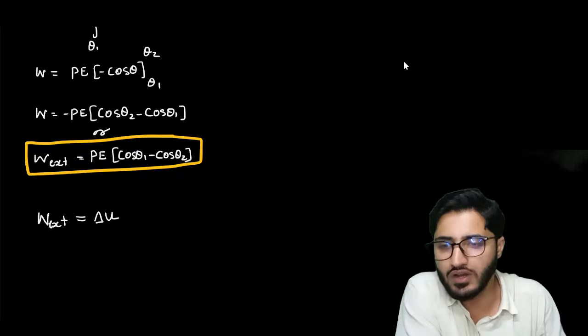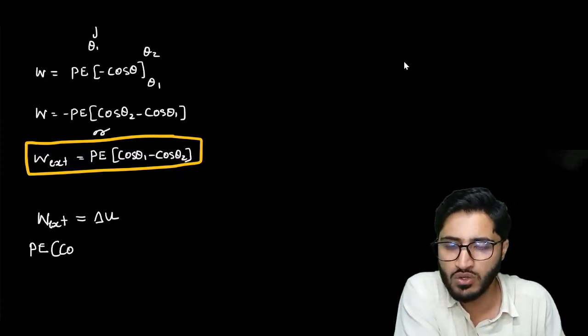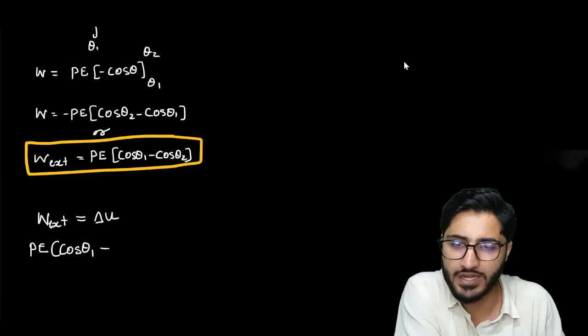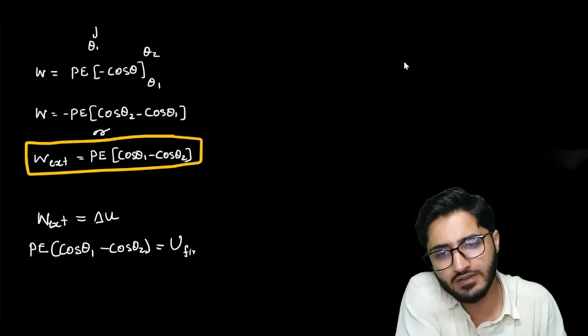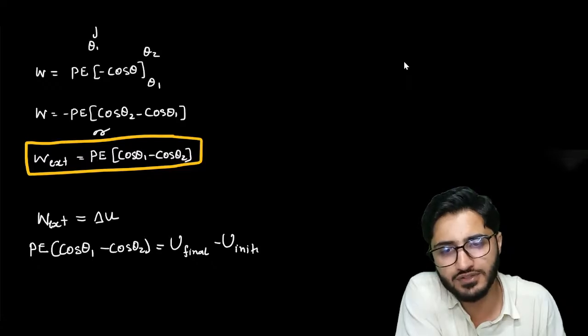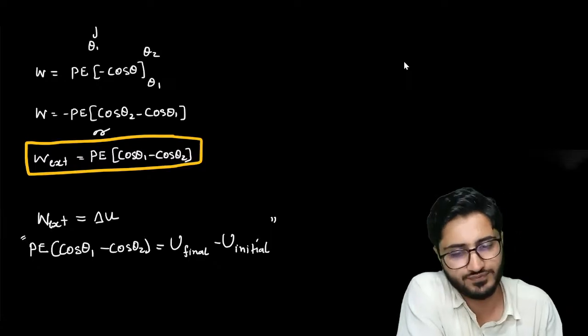So it is P E into cos theta 1 minus cos theta 2, which will be potential energy final minus potential energy initial. Final minus initial.